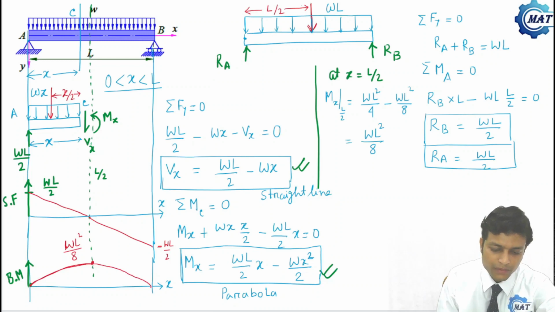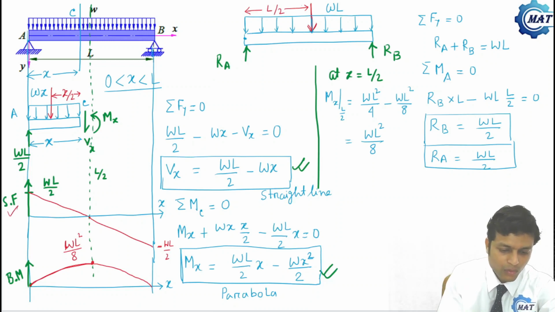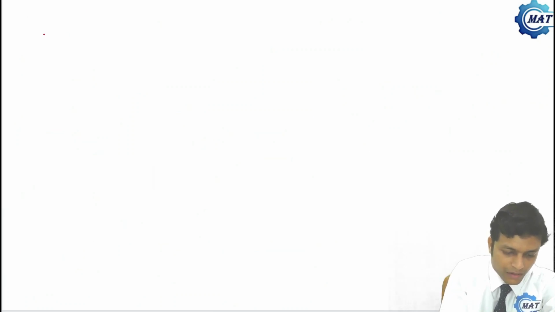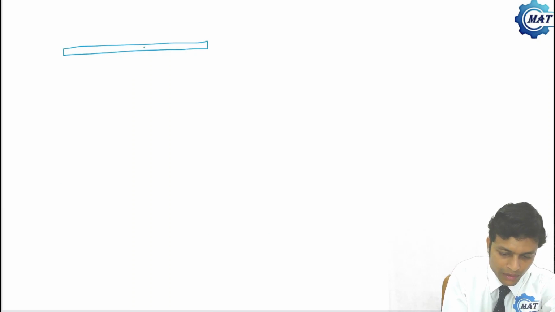So we have completed our task. We have drawn both the shear force and bending moment diagram. I am doing it here, that is, the beam was like this, a simply supported beam with uniformly distributed load.